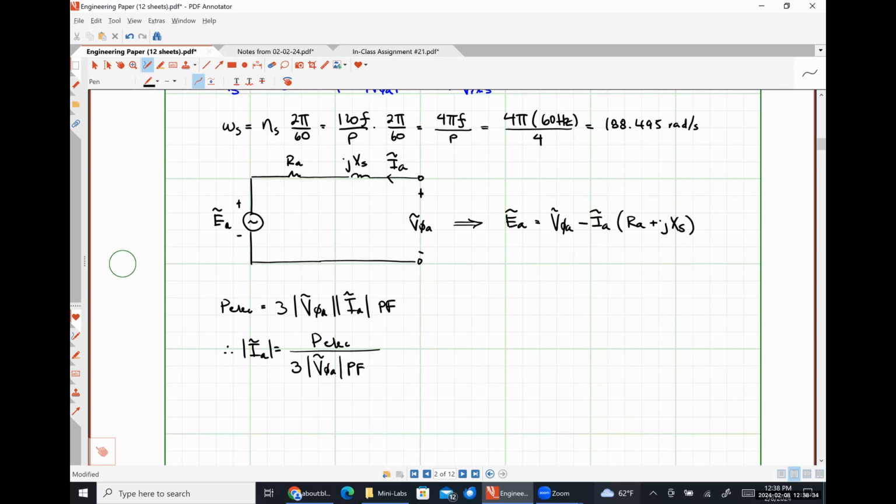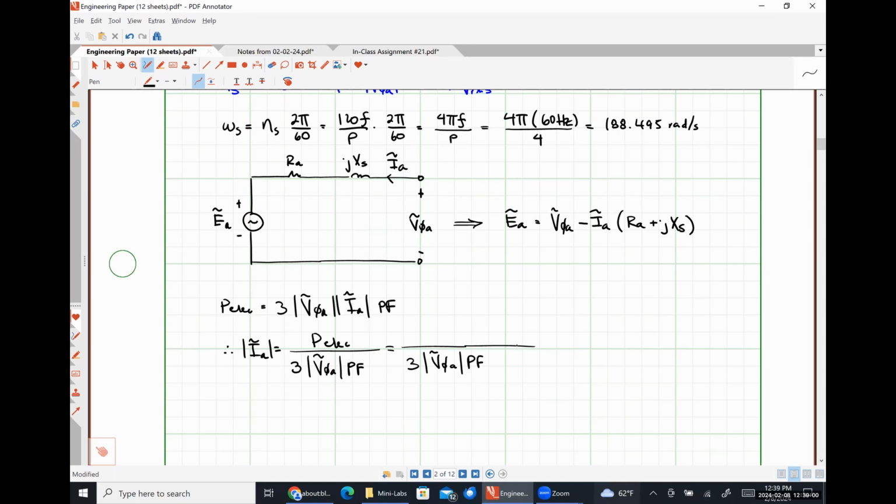So this could be written as, I'm going to put the 3 times V phi A multiplied by power factor down here. So knowing mechanical power and efficiency, how do I get electrical power?